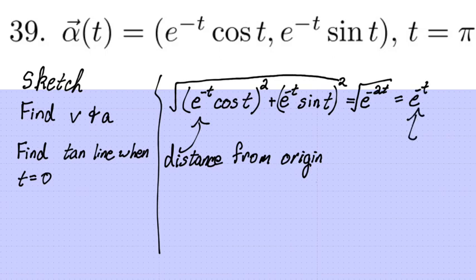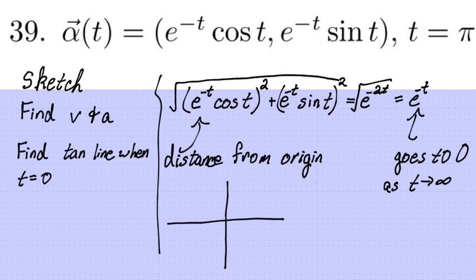So this goes to 0 as t goes to infinity. Cosine of 0 is 1.